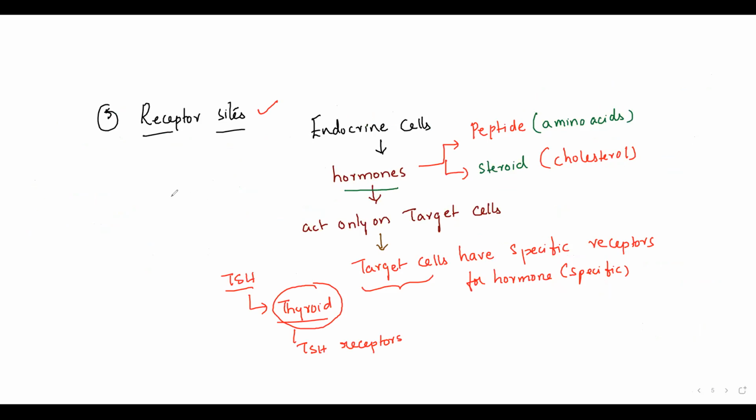If this is my receptor, and my hormone comes into this particular site, then the terminology is: this will be my receptor, and whoever activates a receptor is called a ligand. So who is a ligand here? Ligands can be either your hormones, or they can be your neurotransmitters.